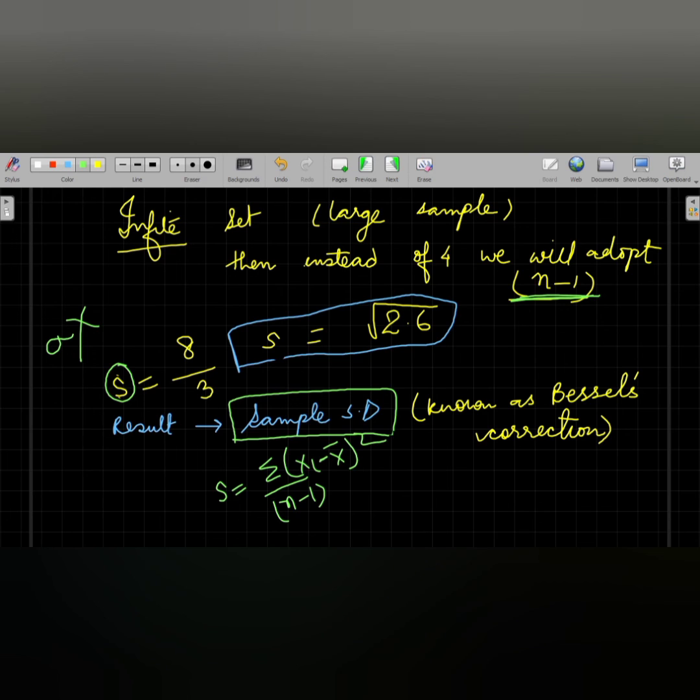This is the formula of sample standard deviation. It is also known as Bessel correction. It might be asked in your exam which measure of dispersion is known as Bessel's correction. The answer is standard deviation.